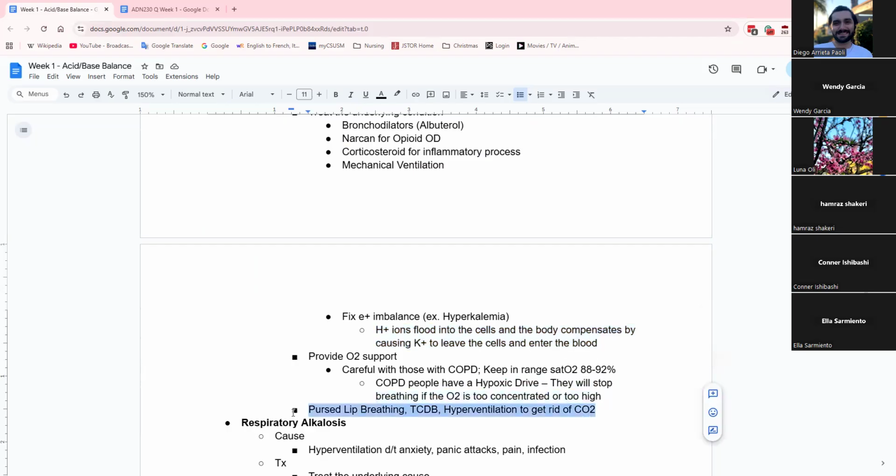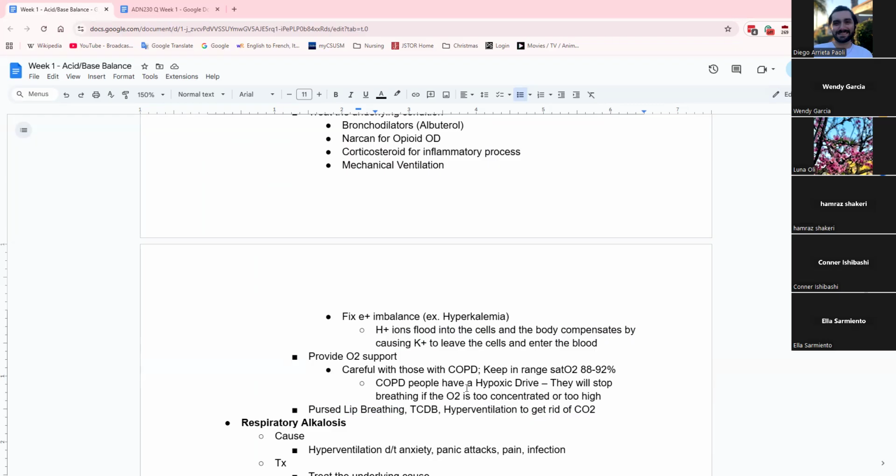And then other things that we learned about when it came to asthma and COPD: pursed lip breathing, like blowing out a candle, turn, cough and deep breathe, especially after waking up, because they can have a buildup of secretions that might give them more chest congestion and lower O2 levels when they first wake up, and hyperventilation to try to get rid of some of that carbon dioxide, which you want to encourage for the COPD people because they have overinflated lungs, which leads to more pressure in the chest.